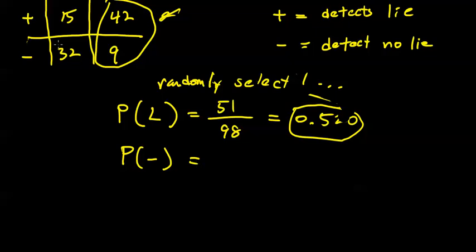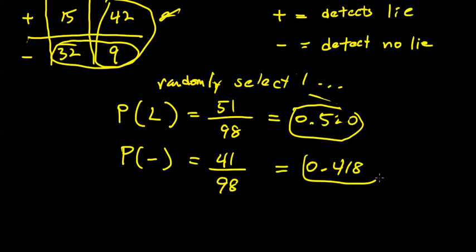Well, the machine negatives are in that row that I just circled, and that adds up to 41 people whom the machine said did not lie. So I've got 41 negative test people divided by 98, and that turns into 0.418 in decimal.